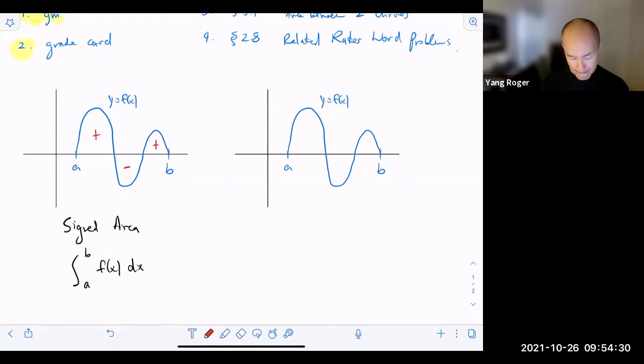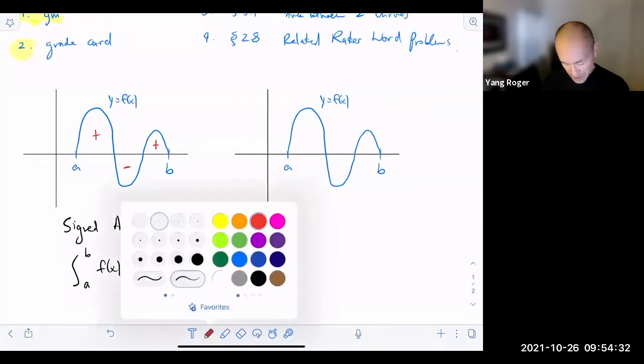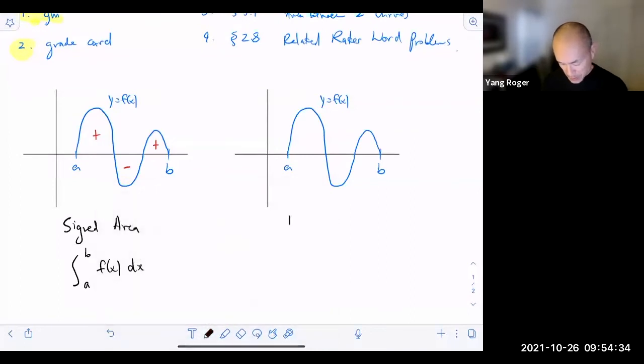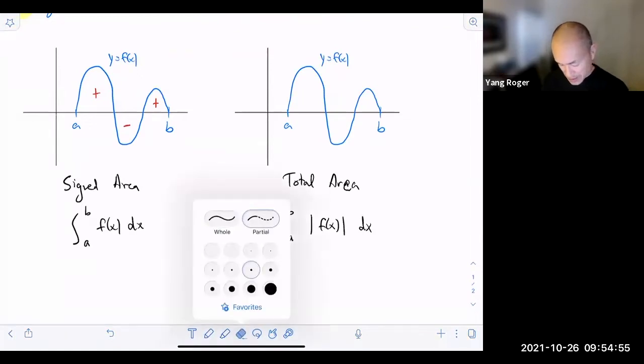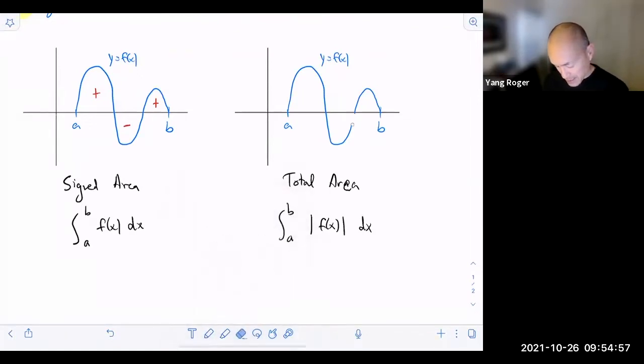So the other thing that we had was what we called total area. And the way you calculated total area was you had to integrate the absolute value of f of x. Now, what's the net effect of the absolute value? What the absolute value does is it takes that negative area that we just had there and it makes it positive, right? So I'm going to erase this negative part over here.